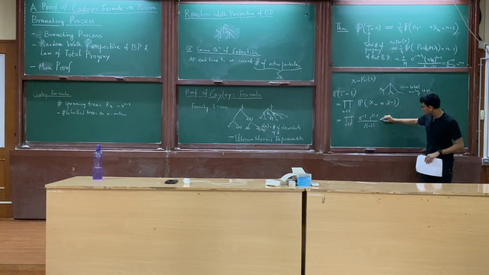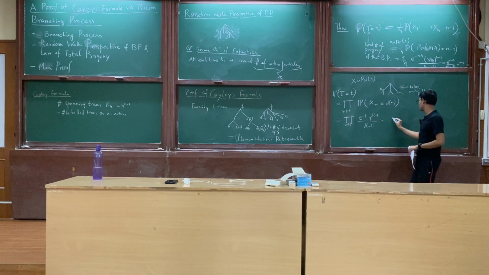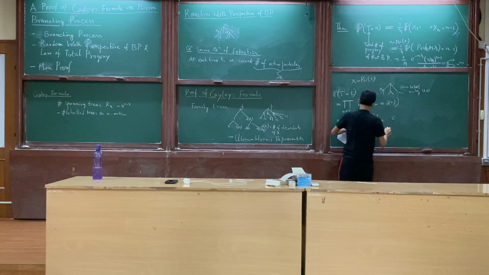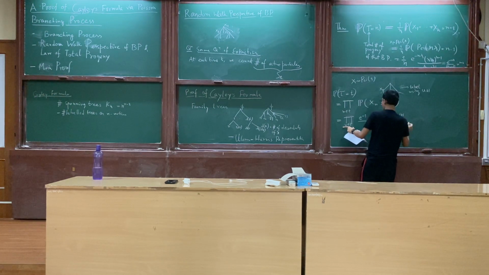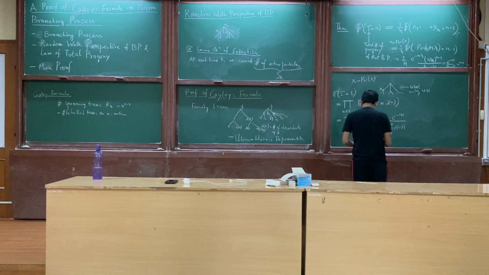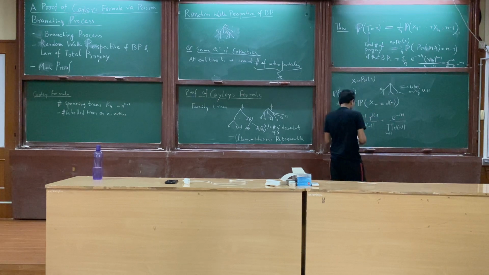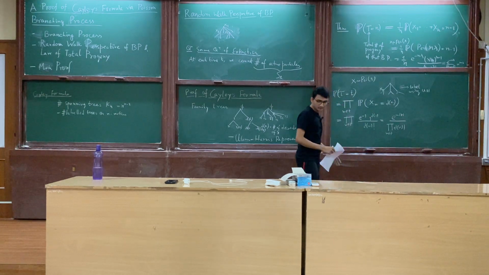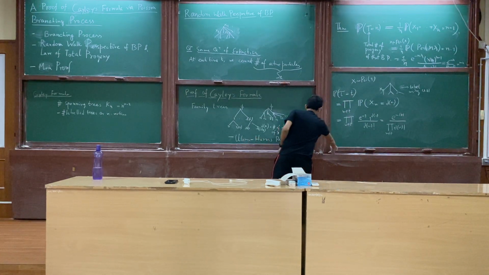So this becomes e to the power minus the size of the tree, times 1 by the product of all the d of w factorials, w in tree. We need this result to use.